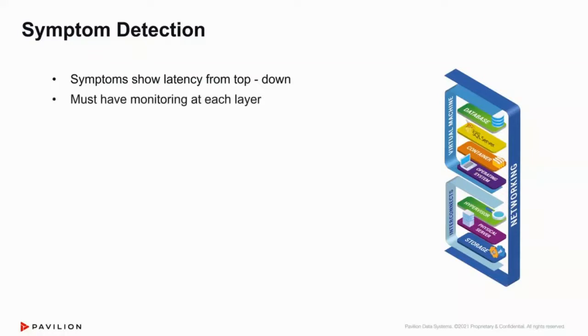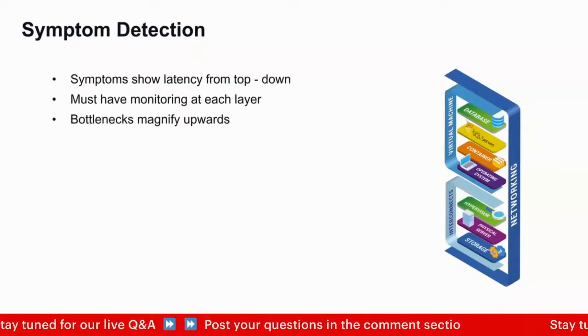You've got to have good monitoring at each layer, and every layer's point of view is completely valid. Don't let anybody ever tell you that this set of tooling is inaccurate or bogus because of the fact that it's a VM or all this other stuff. Every one of these is valid from its point of view. The bottlenecks will tend to magnify upwards, and if you're looking at 1 or 2 of these data points, you may not see everything.